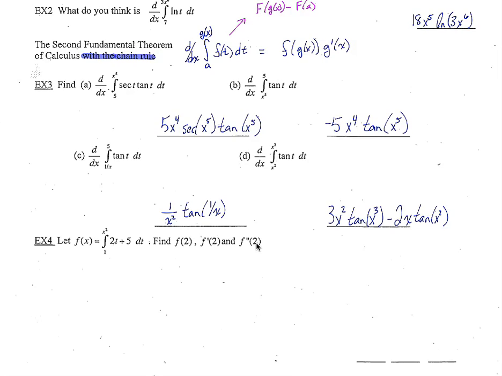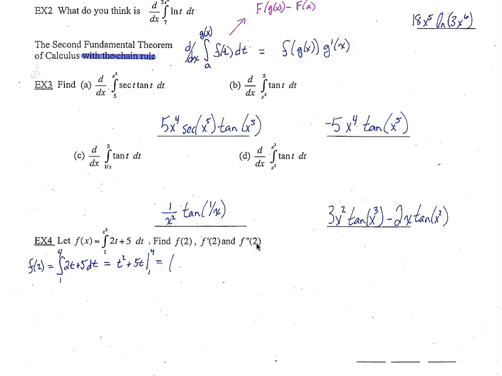So f of 2 is then equal to the integral, lower bound is 1, the upper bound is going to be 2 squared, or 4, of 2t plus 5 dt, which is t squared plus 5t from 1 to 4.